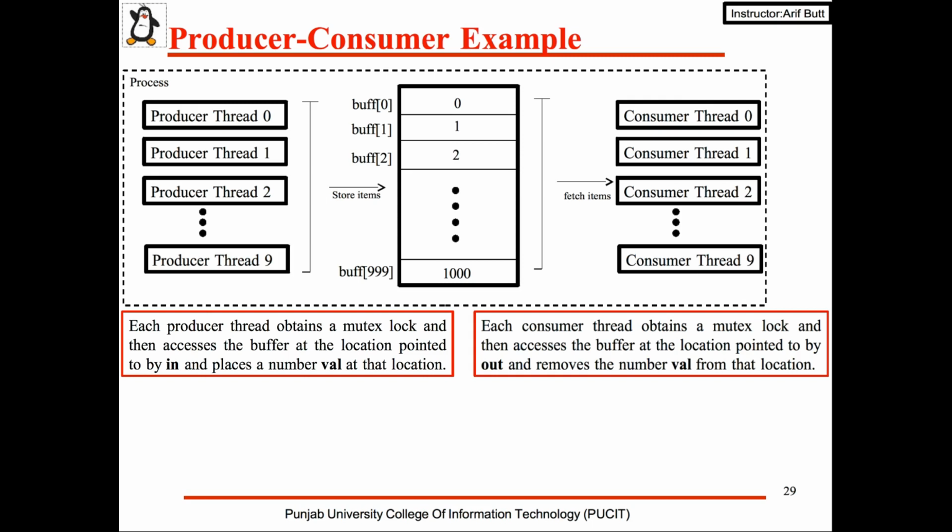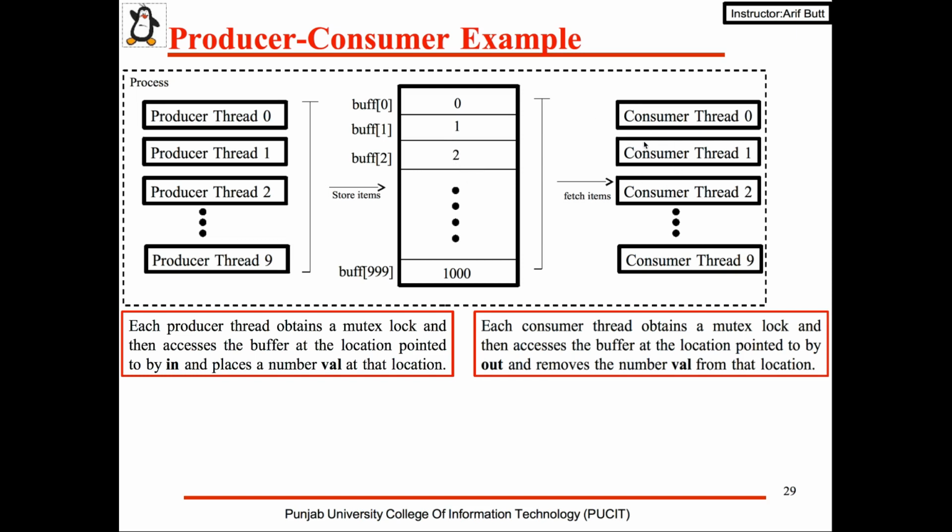Let us consider a scenario in which we have 10 producer threads and 10 consumer threads, and this is the memory buffer pointed to by buff and shared among all these threads. Each producer thread obtains a mutex lock and then accesses the buffer at the location, suppose, pointed to by the in variable, and places a number at that location.